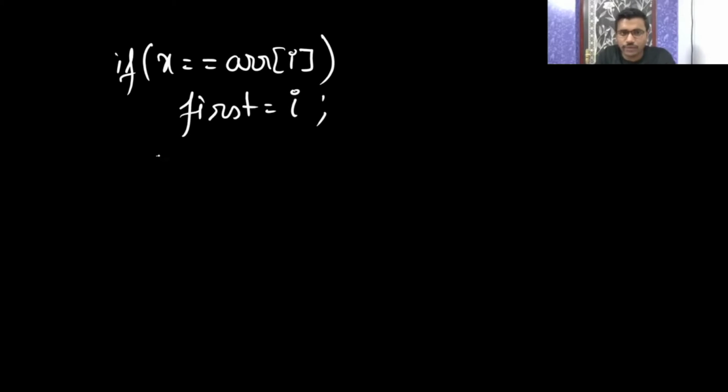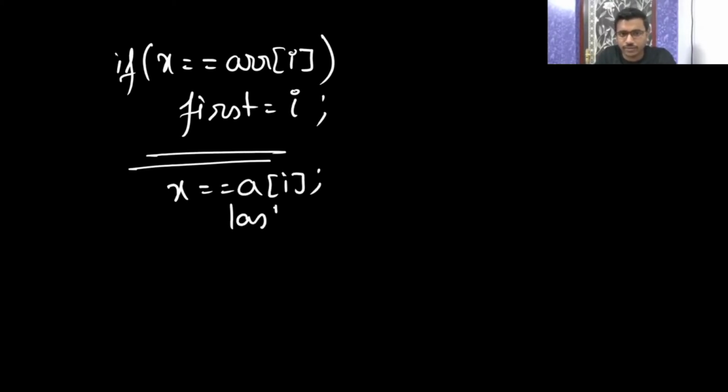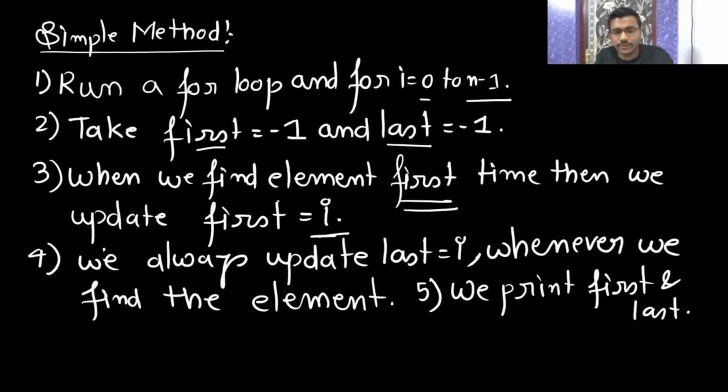For the rest of the time, if x equal to a of i, then you update last equal to i. So when we find the element the first time, we update first, and we always update last equal to i whenever we find the element. Understood? After that we print first and last.